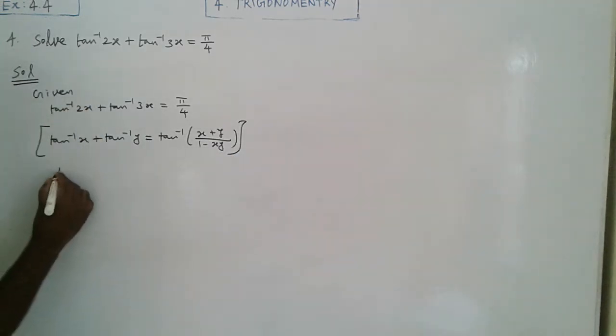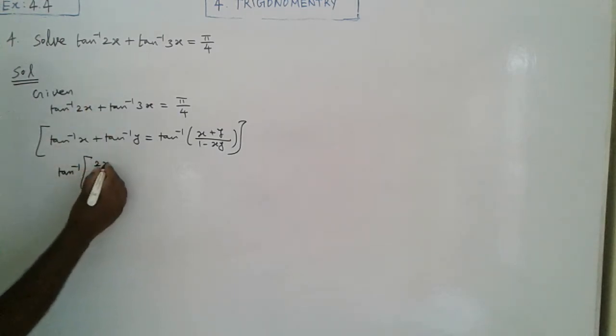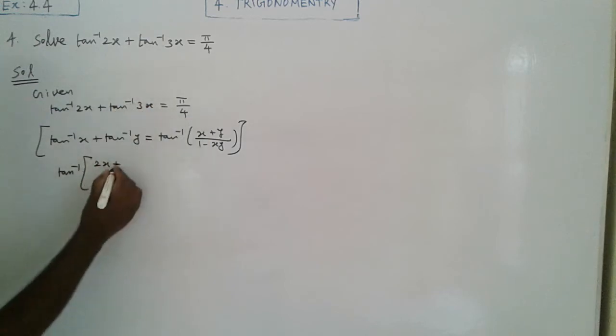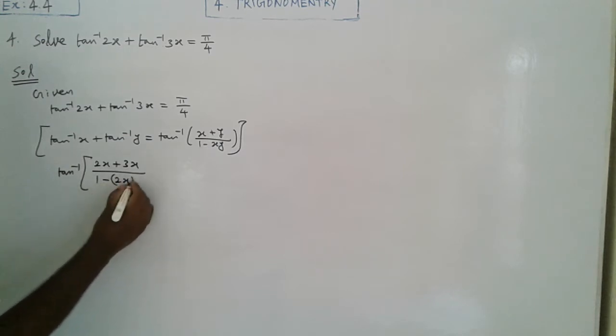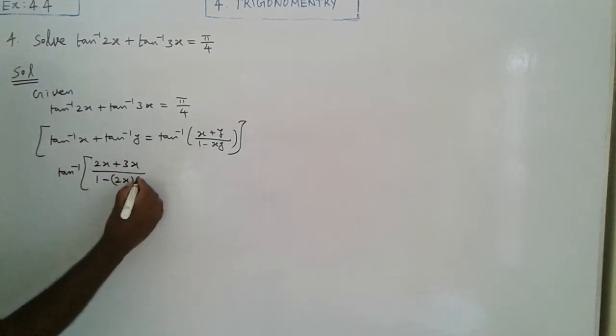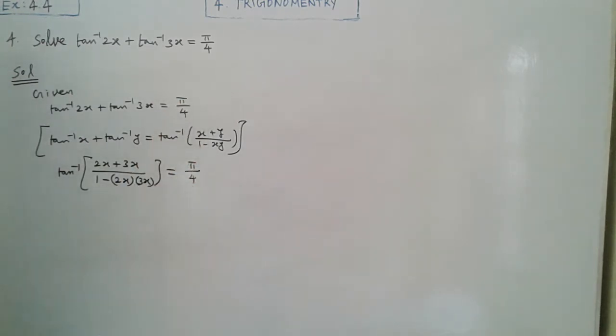So tan inverse of (x is 2x, plus y is 3x) divided by (1 minus x is 2x, y is 3x) equal to pi divided by 4.